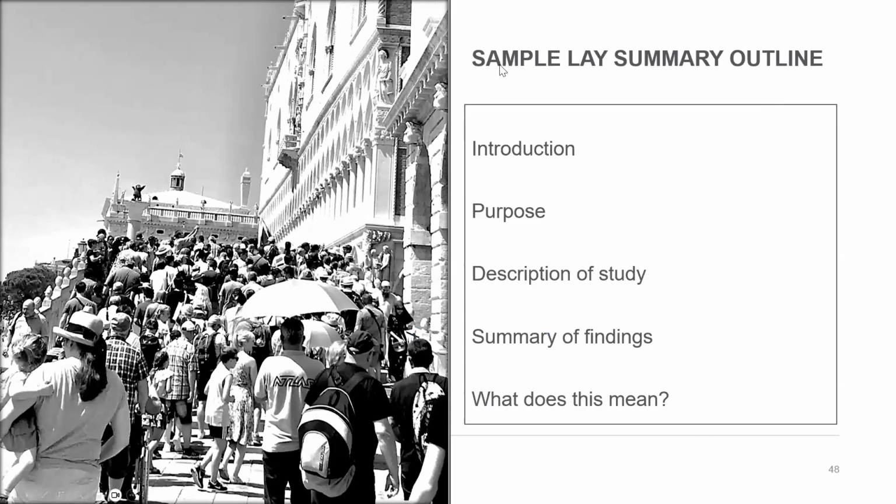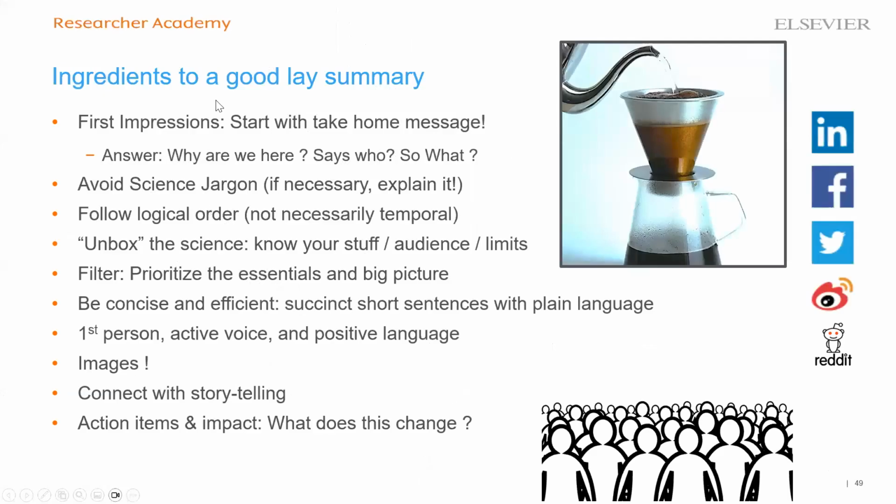So in general, the lay summary has to be very brief, very succinct and simplified for the lay readers to be able to understand. It has 5 main sections: introduction, purpose, description of study, summary of findings, and why should I care about this as an ordinary person.